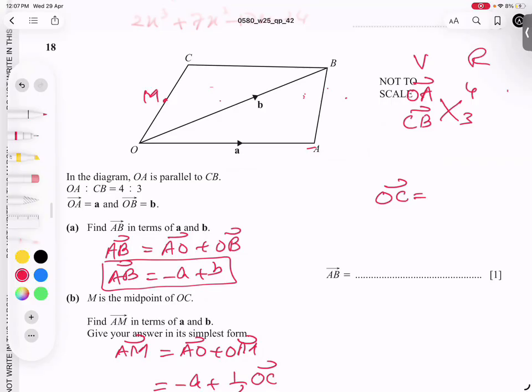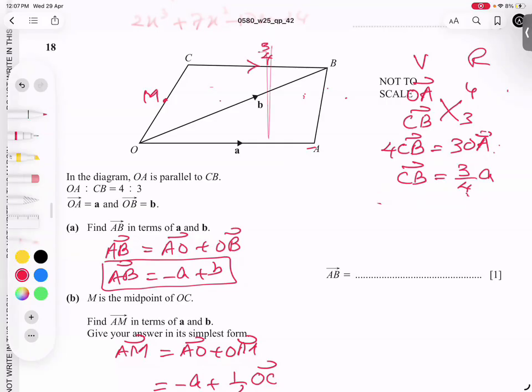Cross multiply, so I can say here 4 times CB is equal to 3 times OA. But OA is basically small a, and 4 divides down. When 4 divides down, it turns to be 3 over 4 times small a. So I'm writing now here 3 over 4a. Sorry, students, just wait, there's a problem with the pen.